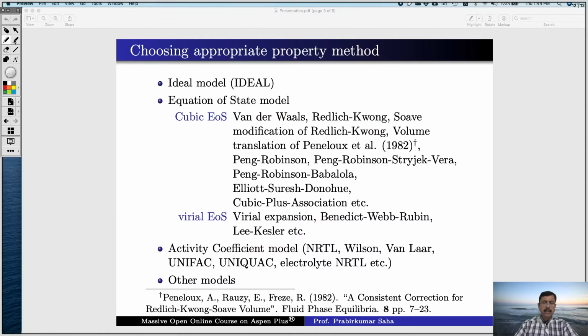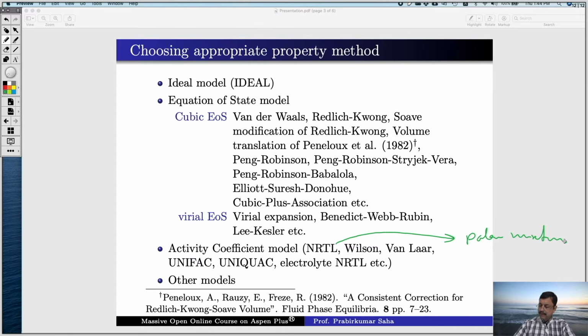On the other hand, the activity coefficient models can be used for liquids. There are many: NRTL, Wilson, Van Laar, UNIFAC, UNIQUAC, electrolyte NRTL, etc. You might be knowing NRTL means non-random two liquid model, and this NRTL model is used for polar mixtures.